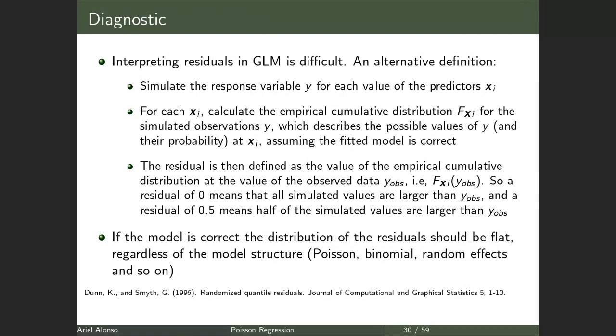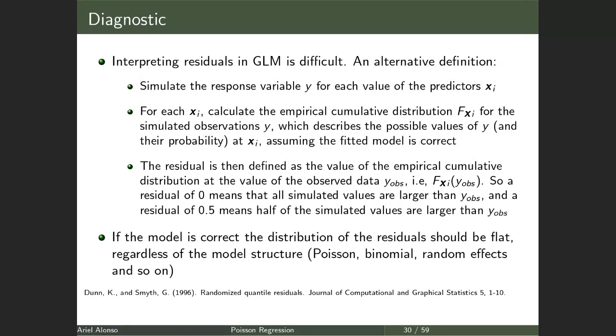So what we are going to introduce now is an alternative definition of residuals that can be applied more generally, and that also has an easier interpretation, in my opinion. And these residuals are based on the idea of simulation. So what we are going to do is the following.